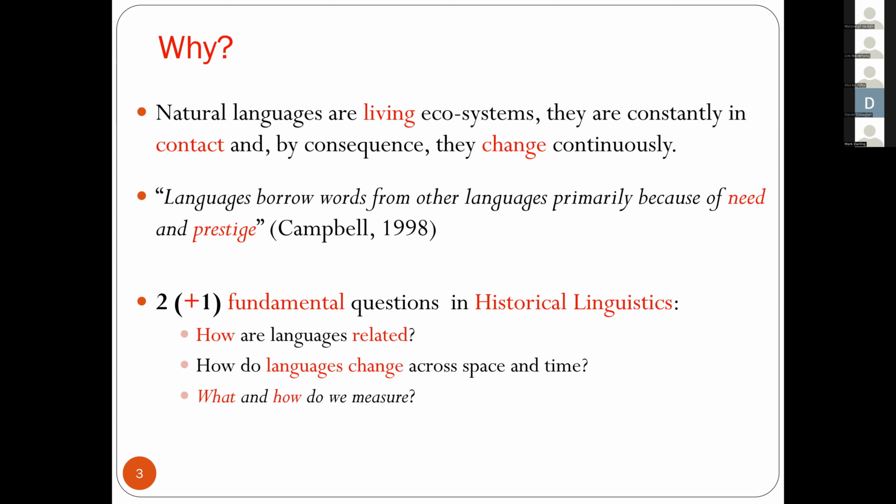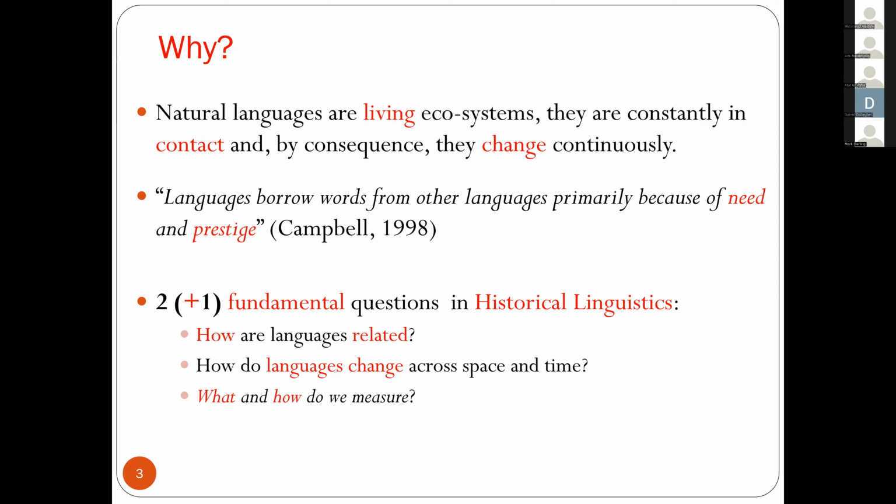continuously. Borrowing is one of the biggest problems in historical linguistics. Why do languages borrow? Campbell said that people like to borrow words primarily because of need and prestige.